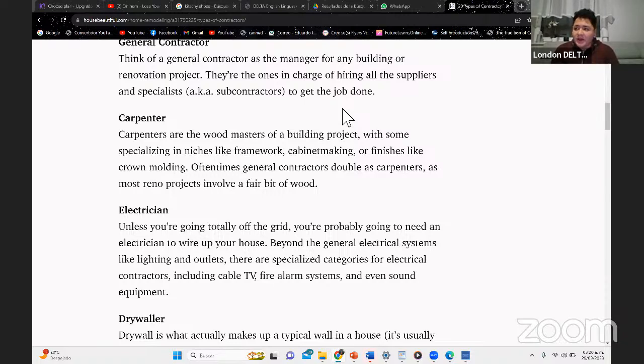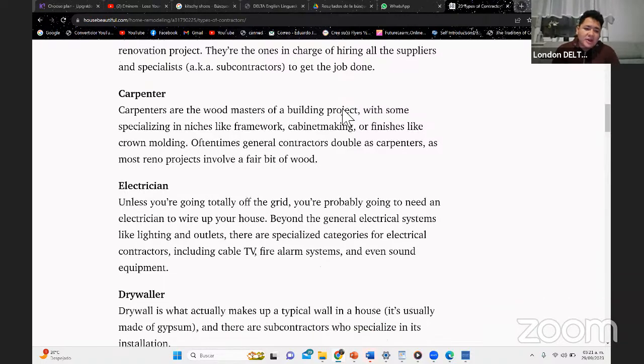For example, in Canada, very cold places, they have wooden houses. So in this case, the carpenter can make it, right? It depends on the carpenter, but it can be very general. So that's another kind of contractor.